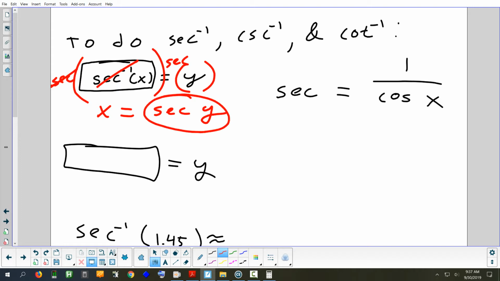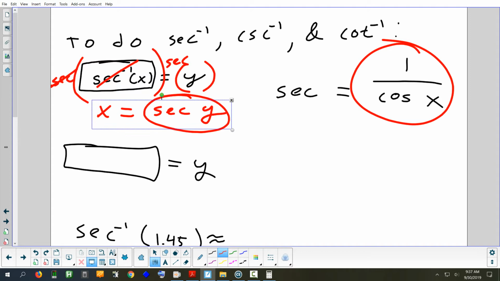Well now, look at this, and look at that. We have a way that we can rewrite secant. Regular secant, that's not inverse secant anymore. It's regular secant. How can we rewrite secant in terms of another trig function that we have a button for?